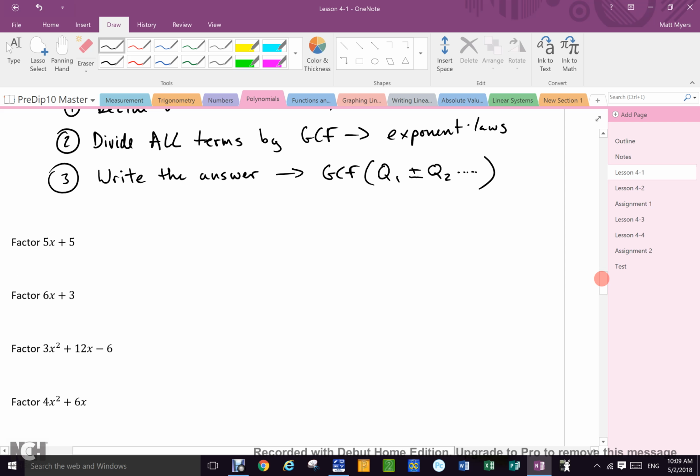What is the GCF of 5x and 5? 5. So our GCF equals 5. That is step 1. It has been decided upon. What is step 2? Divide everything by 5. What is step 3? Answer: GCF first, 5, bracket. What is the first quotient? x. What is the second quotient? 1. Done.